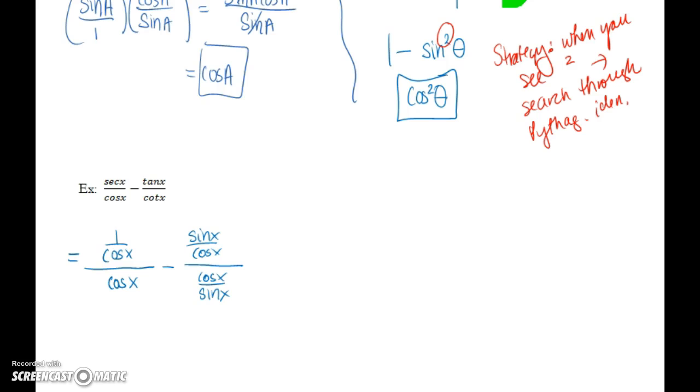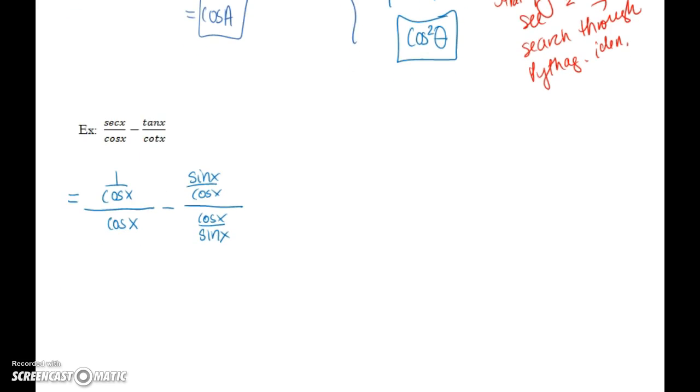Okay? And let's use this idea of multiplying by the reciprocal. So we're going to leave the numerator alone, 1 over cosine x, and we're going to change this division to multiplication and change the cosine x to its reciprocal, 1 over cosine x. And the same thing for the second fraction. We're going to leave the numerator alone and change this division to multiplication and this fraction that we're dividing by to its reciprocal, sine x over cosine x.